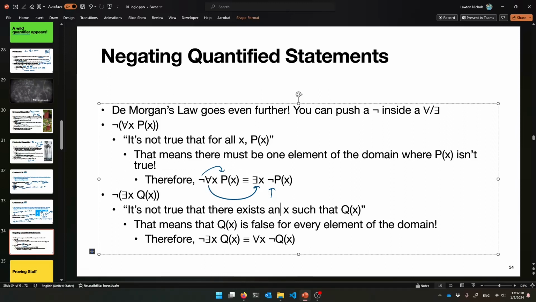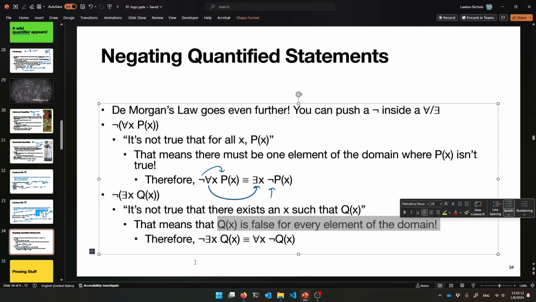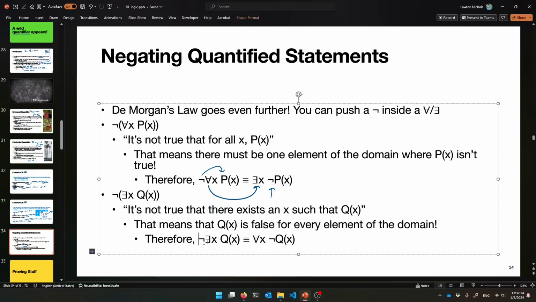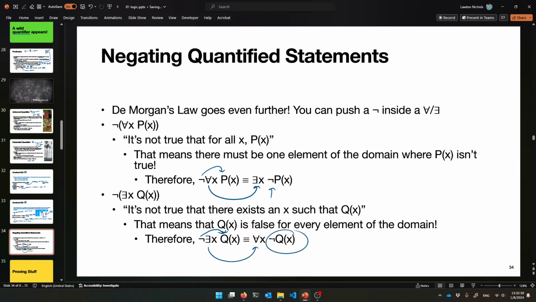So that means q of x is false for every element of that domain. And so therefore, this is equivalent to for all x, not q of x. We pushed it inwards. Boop. And so the there exists gets turned into a for all because we're essentially doing De Morgan's law on potentially infinitely many things, and we've pushed that negation inside.